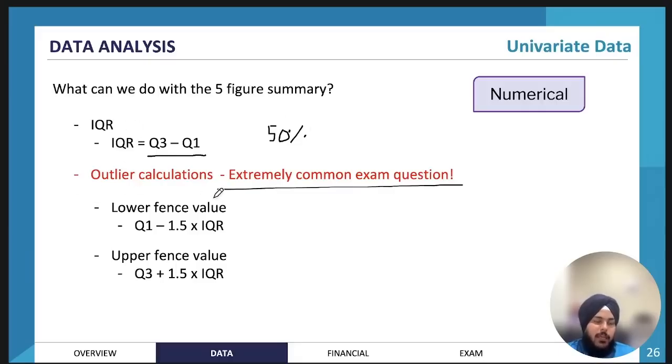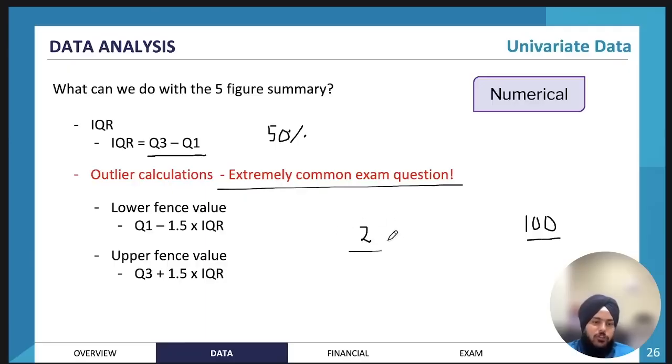And then from this, we can work out the lower fence value. The lower fence value tells you where the outliers lie. For example, if we have data between 2 and 100, where the maximum value is 100 and 2 is the minimum value, we don't know if these are outliers.